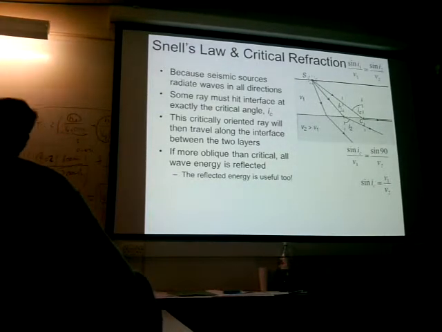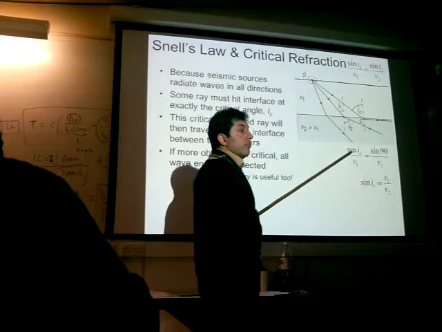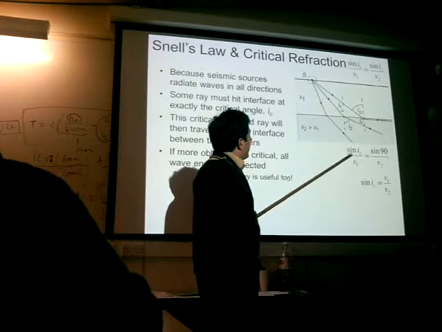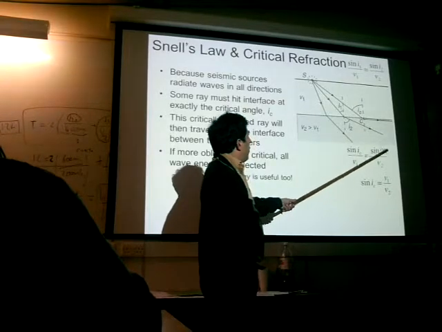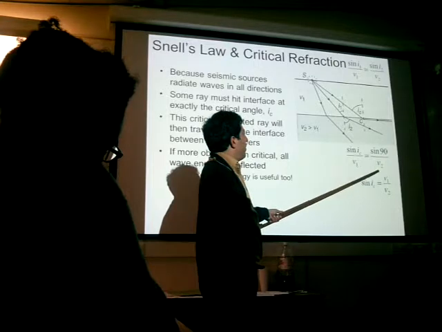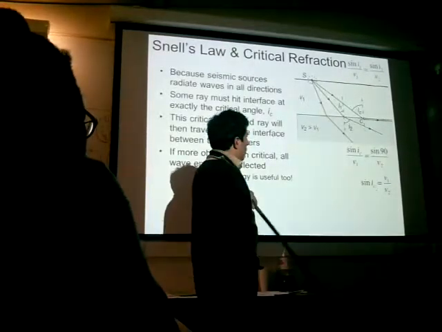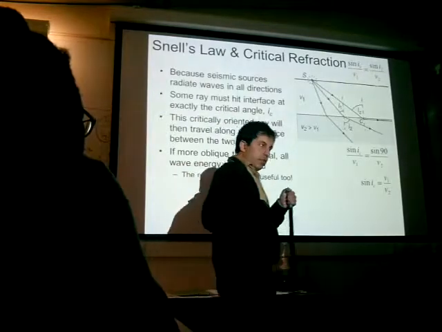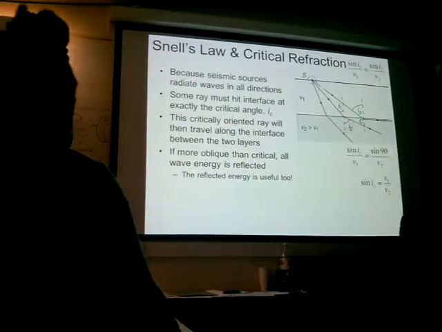We know from the physics and from the Snell law that if that principle is correct, so the sine of the incident ray divided by velocity 1 is equal to the sine of the transmitted ray divided by velocity 2, we know that there is an angle where the sine got a value exactly 1.